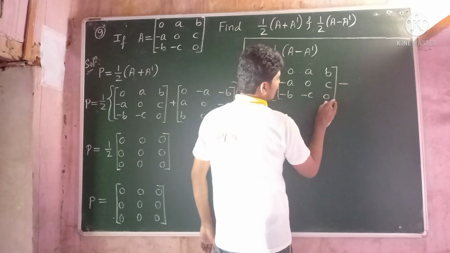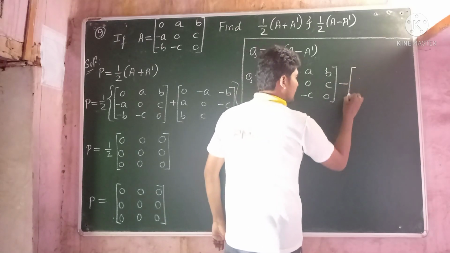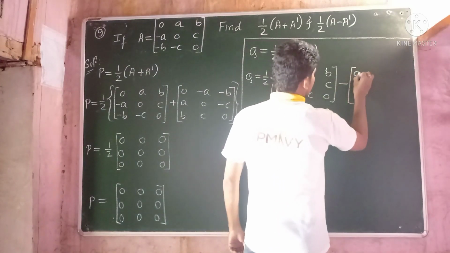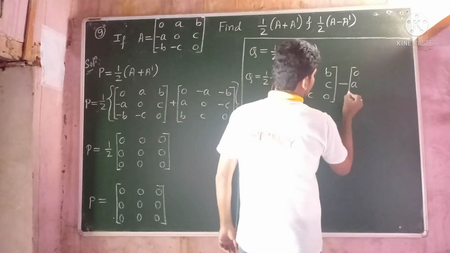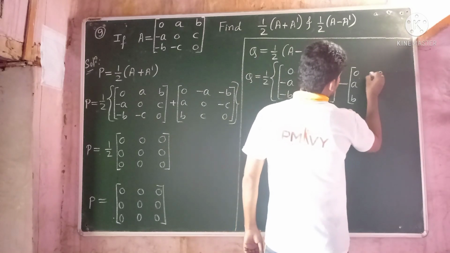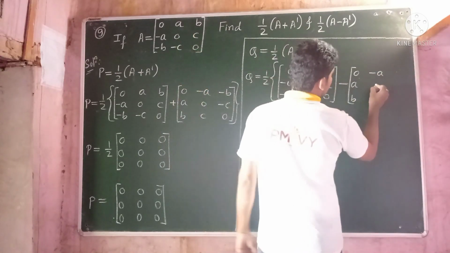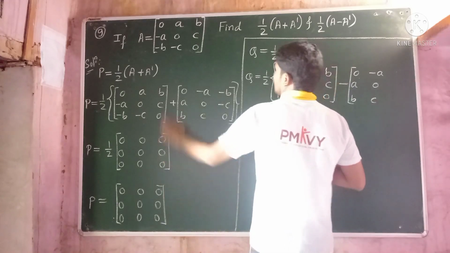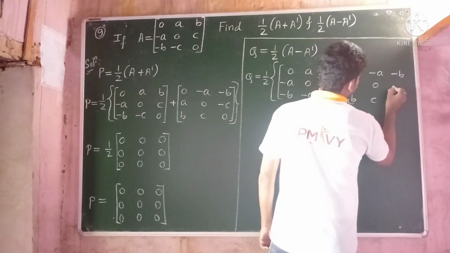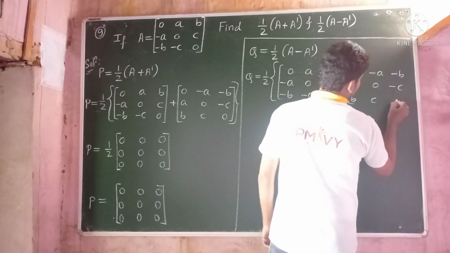Matrix A dash: first row becomes first column 0 A B, second row becomes second column minus A 0 C, third row becomes third column minus B minus C and 0.